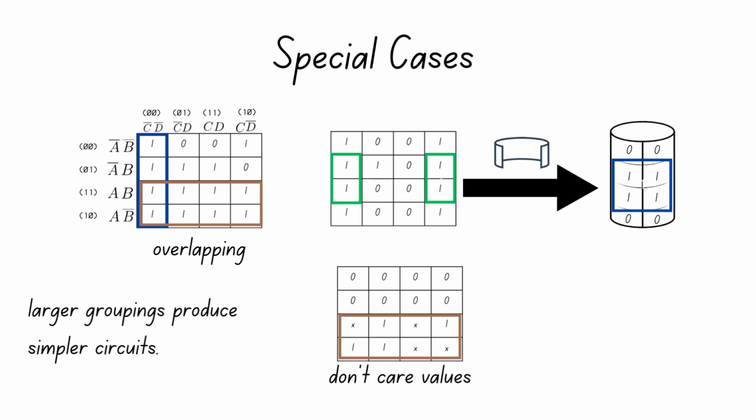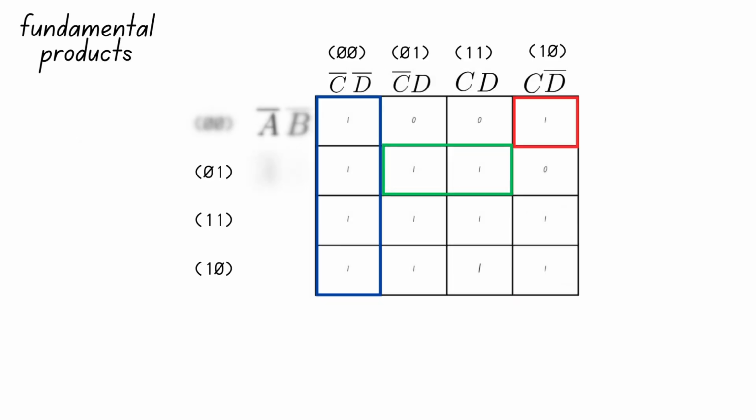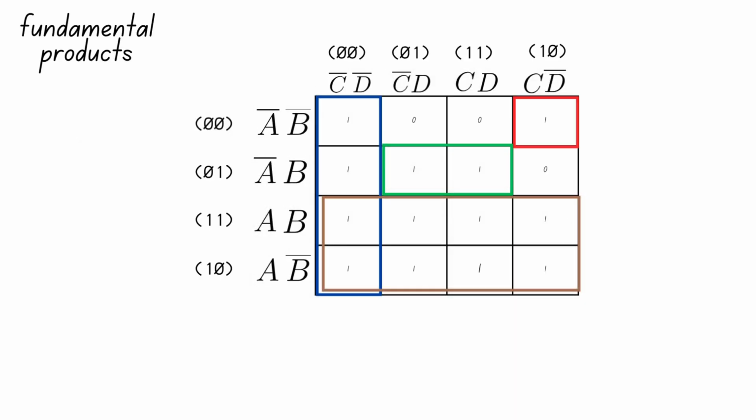Thus, a rule of thumb is to look for octets first in your map, then quads, then pairs, and lastly, singlets. Once you have all your groups, generate what is known as a fundamental product for each group. To do this, first look at all the rows involved in a single group and write down only the variables that are common in all those rows, meaning variables that do not change from one row to the next.